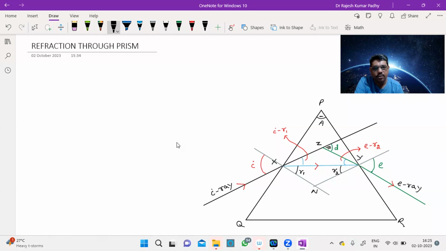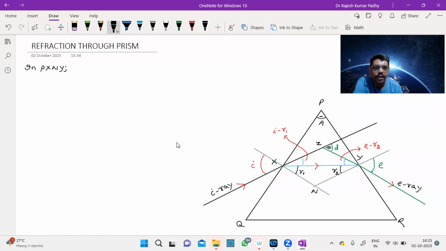Now, XN is the normal to the first surface, and YN is the normal to the surface PR. Let us find out the relations between different angles. Now, PXNY is a quadrilateral.